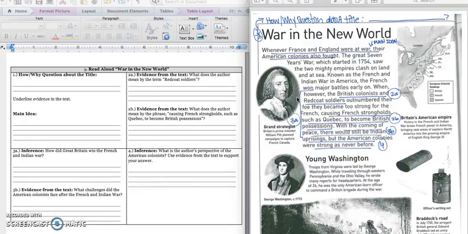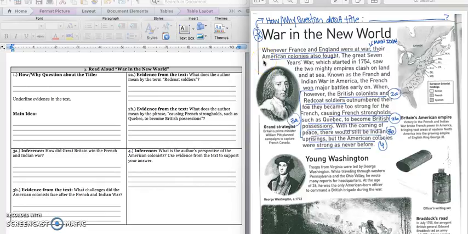When, however, the British colonists and redcoat soldiers outnumbered their foe, they became too strong for the French, causing French strongholds such as Quebec to become British possessions. With the coming of peace, there would still be Indian uprisings, but the American colonies were strong as never before.